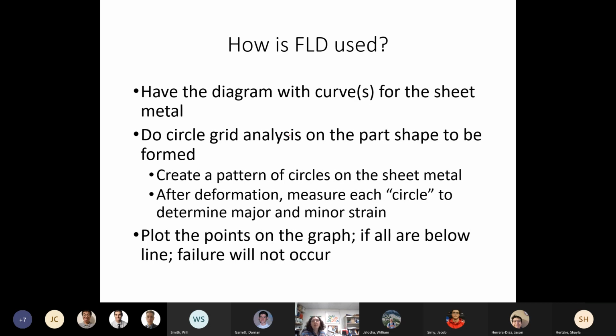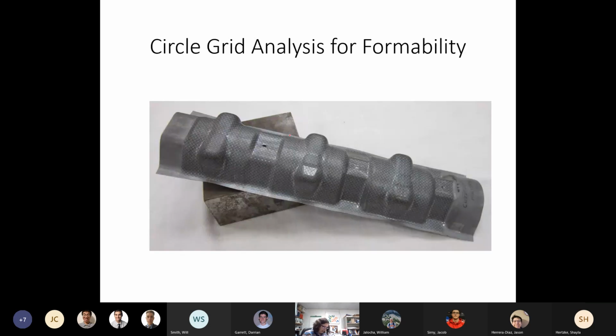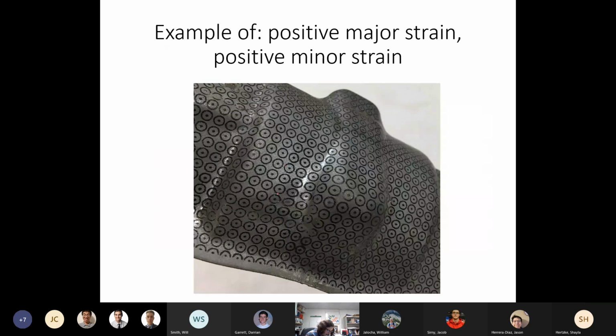And oftentimes we will do a circle grid analysis on the part shape, which is what we sort of see here. And so again, here we have this sheet that a bunch of circles were put on. And then after deformation, we'll notice that here we have some positive major strain, positive minor strain.